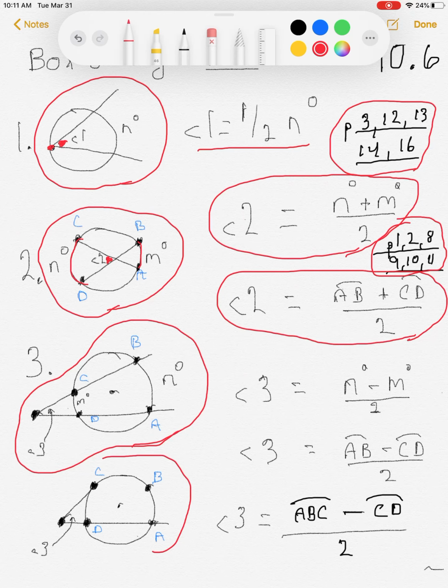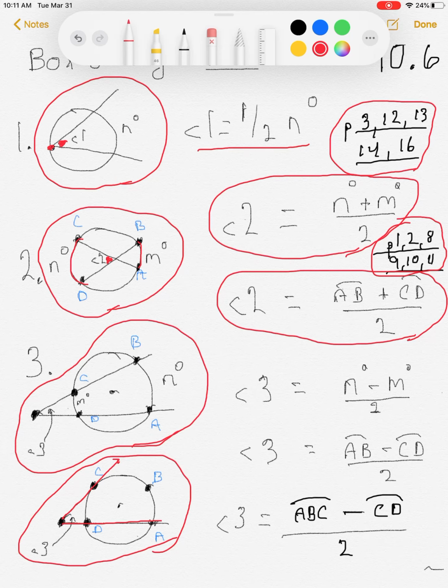The next picture, I have a tangent and a secant. What is a tangent? A tangent is a line that touches a circle at one point. What is a secant? A secant is a line that contains a chord. So I have a secant and a tangent, or I have two secants, but the law is the same.